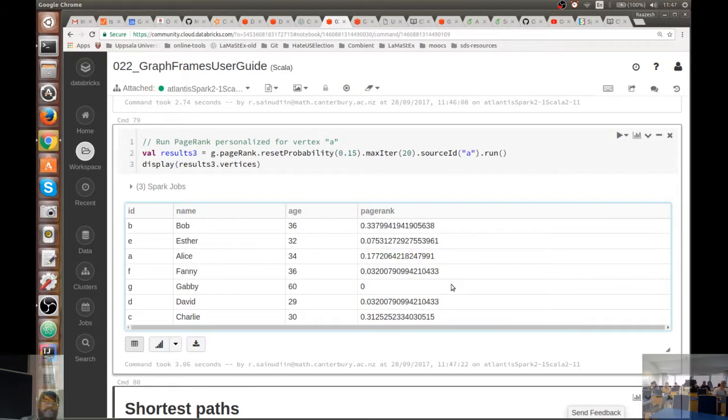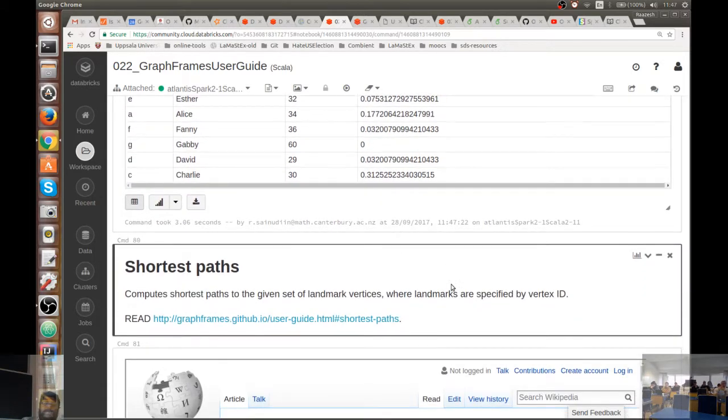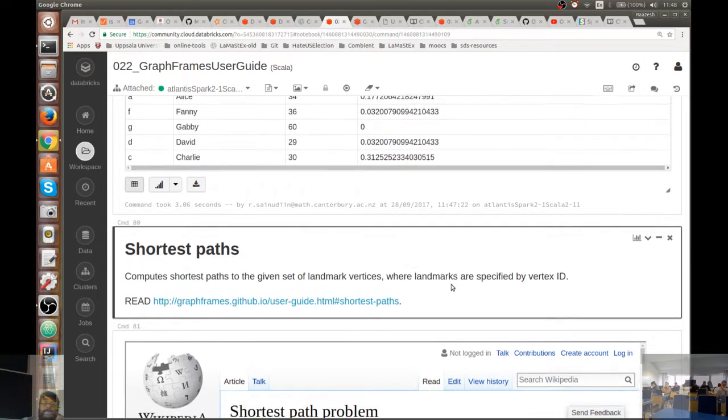This is very useful because you may want to have a personalized view on how information is flowing on your network.